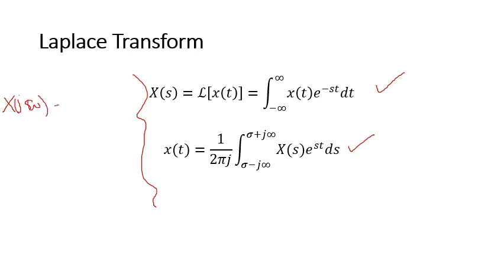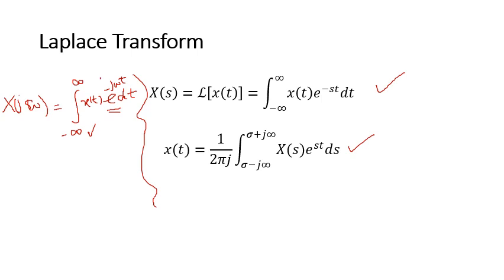And that is equal to the integration from minus infinity up to infinity of x of t e to the power minus j omega t dt, right? So again, you see we are integrating from minus infinity up to infinity, and this one is the complex exponential that is multiplied by x of t.